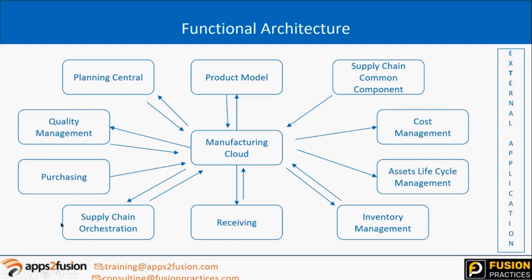The next is the supply chain orchestration. We discussed a lot about this already. This one will share your work order updates, the progress updates, everything. All your work order progress can be viewed in a single view in the supply chain orchestration. Though you can of course see it in the manufacturing area too, even in supply chain orchestration the work order updates are captured, like just in case there's a change in quantity or there's some material which is rejected.